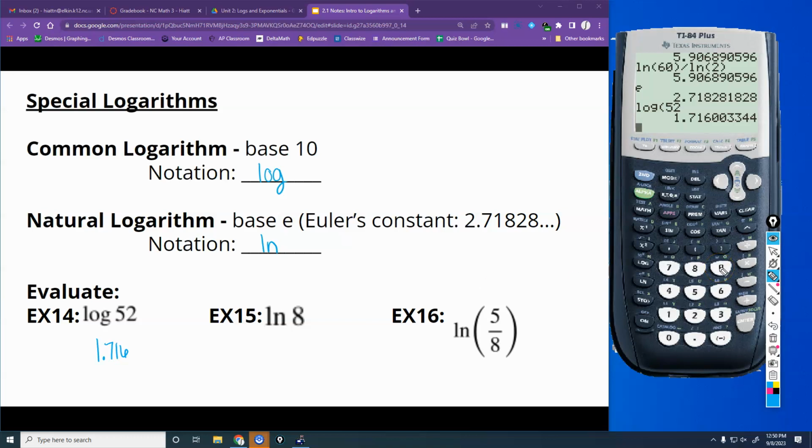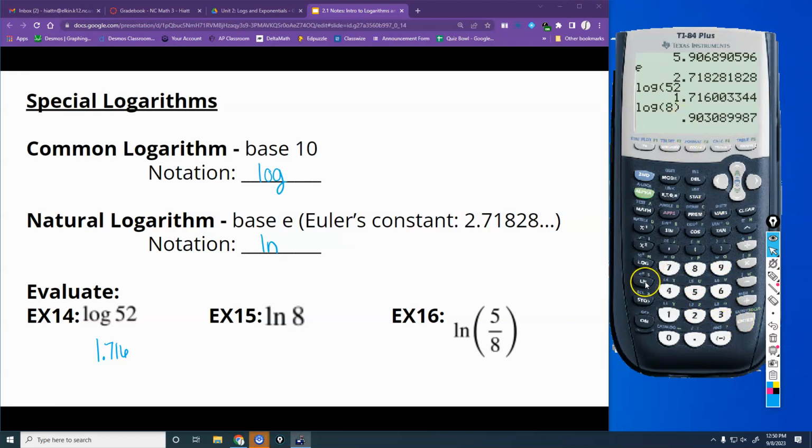Okay. Addie, what'd you get for 15? 902.3? Is that what you guys got? I don't know about that. That might not be right. Let's see. Oh, I bet you hit the log button, because that would be about right.